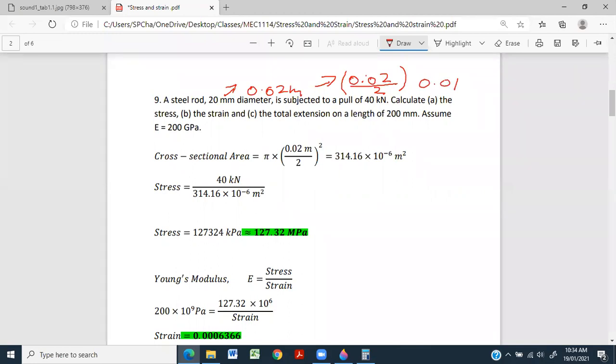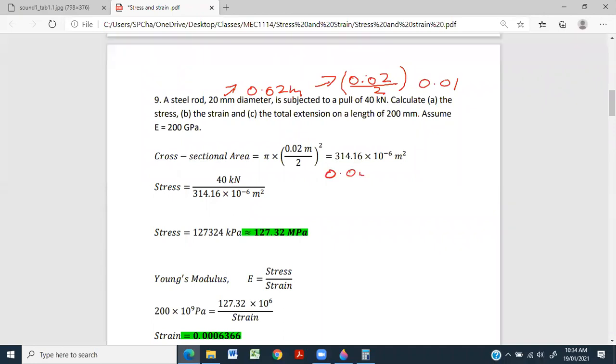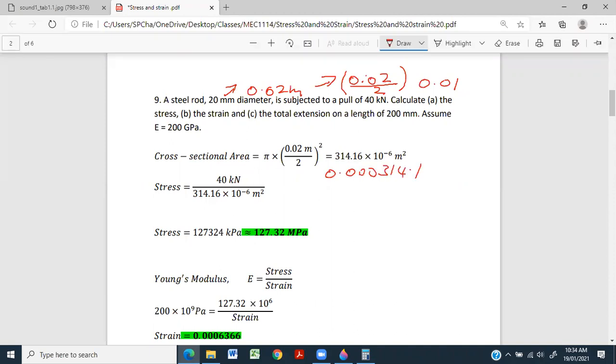So the cross-sectional area is pi r squared, pi times, open bracket, 0.02 divided by 2 squared. Plugging this into a calculator, we'll get a really small number, right? We'll get 0.00031416, right?